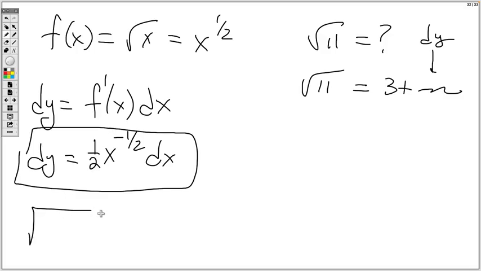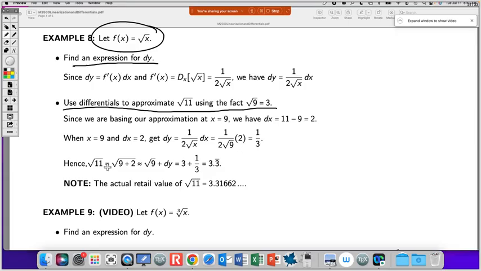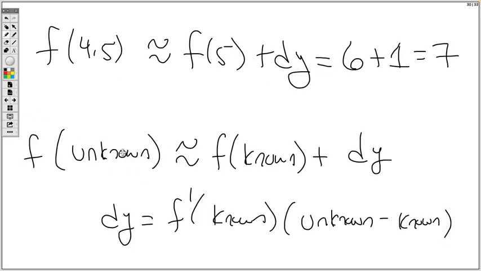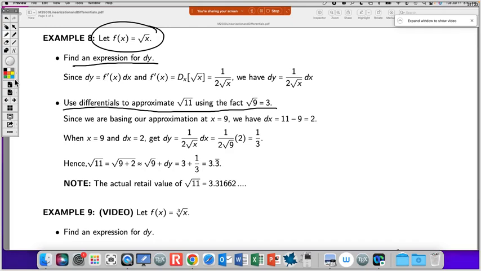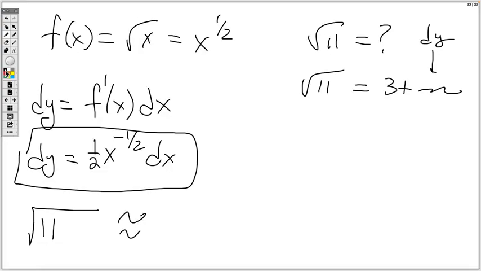So I want to know what the square root of 11 is. So 11 is our unknown. I don't know what's happening at 11. So I'm going to approximate it by the square root of something I know. And the closest thing that I know is the square root of who? 9. Plus the associated differential.